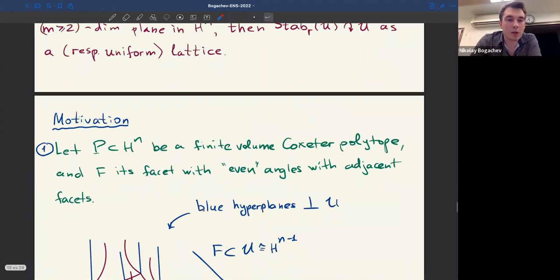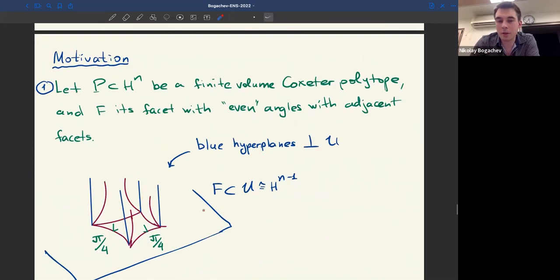Here I would like to say a few words about the motivation of this definition. For example, let us consider again a finite volume Coxeter polytope, and let F be its face of codimension 1 with even angles with all edges and faces.